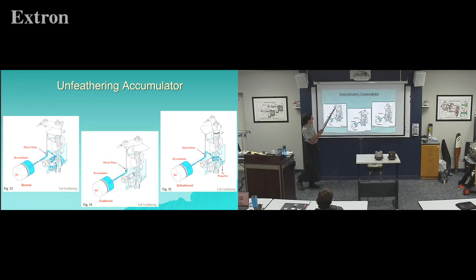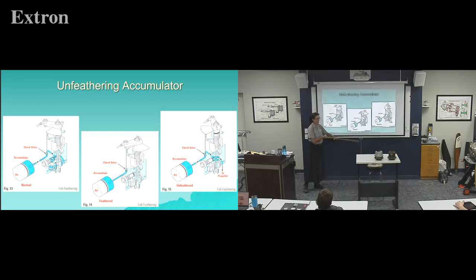But as soon as you move the control to feather, that check valve closes, locks the oil that's in there, holds it in there. And then when you go to start up, it will release this and unfeather. I said that backwards.